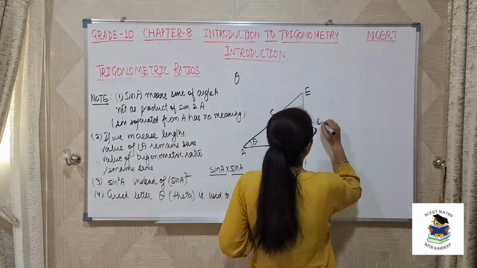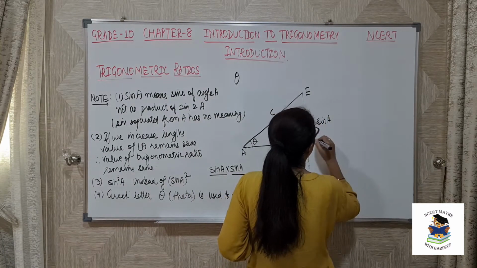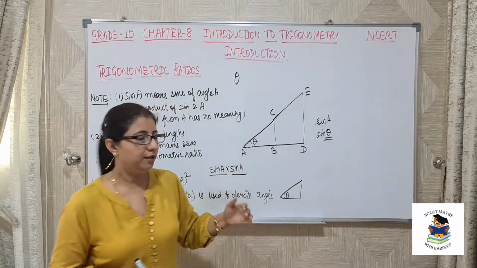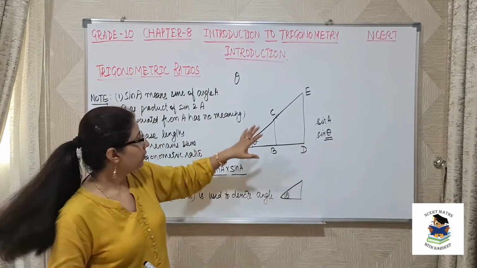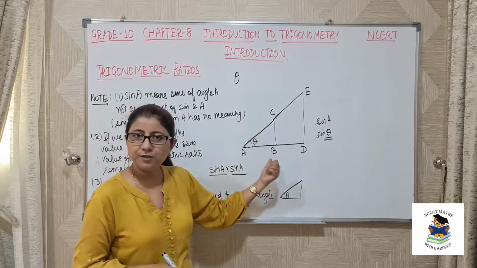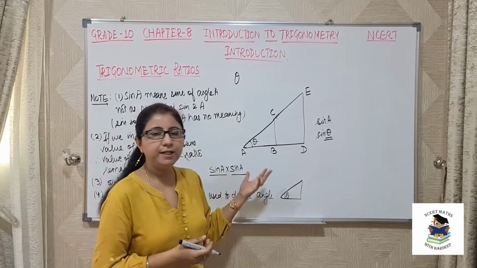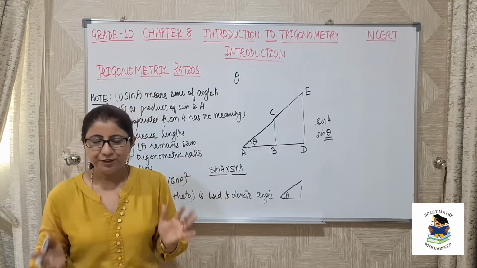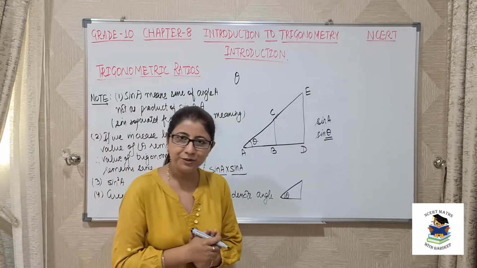Means instead of writing sine of A, I will write sine of theta. Theta is your angle under consideration. So instead of writing these vertices, we can write these letters also. So these points you should always keep in mind whenever you are solving questions related to trigonometry.